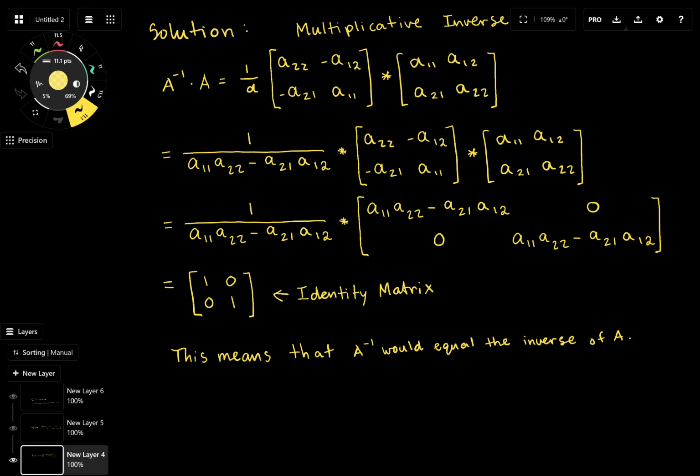And this is significant because this means that the inverse of A would equal the inverse of A.